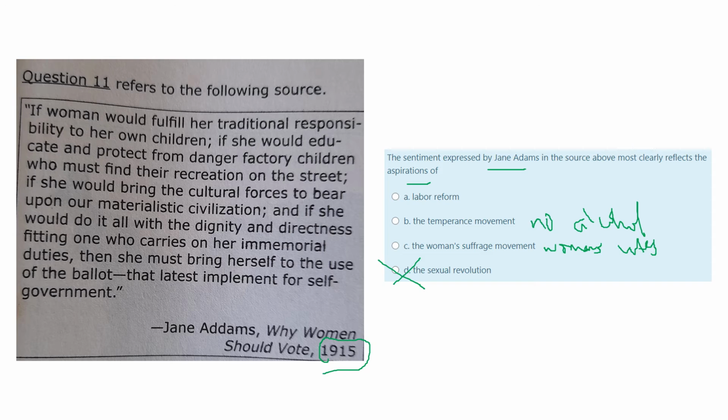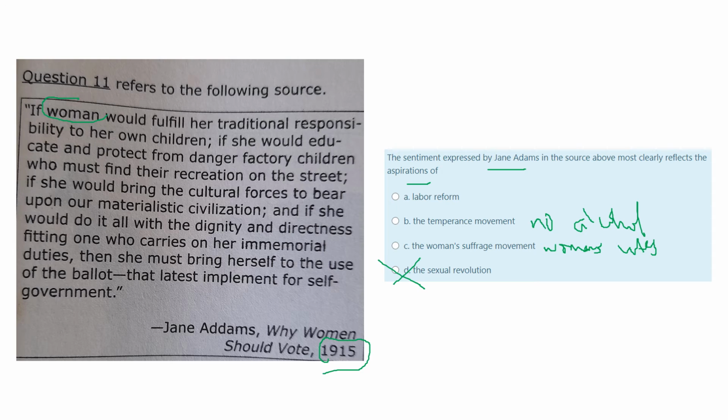Now, the amendment banning alcohol happened just after World War I. Also, the amendment giving women the vote also happened just after World War I. And 1915 is just before the end of World War I. So B or C could both be possible.